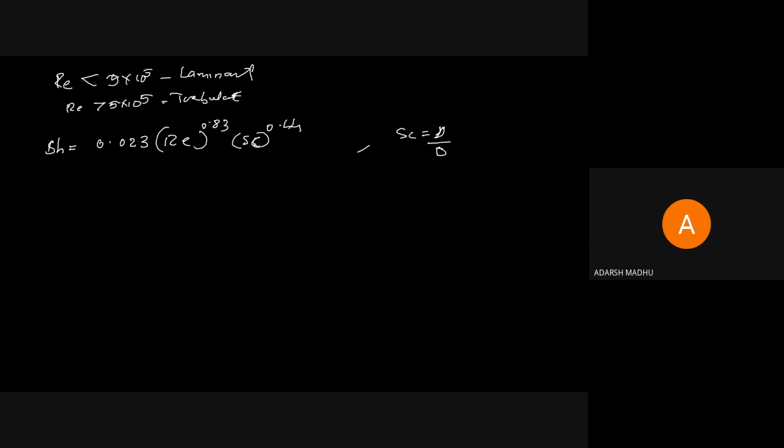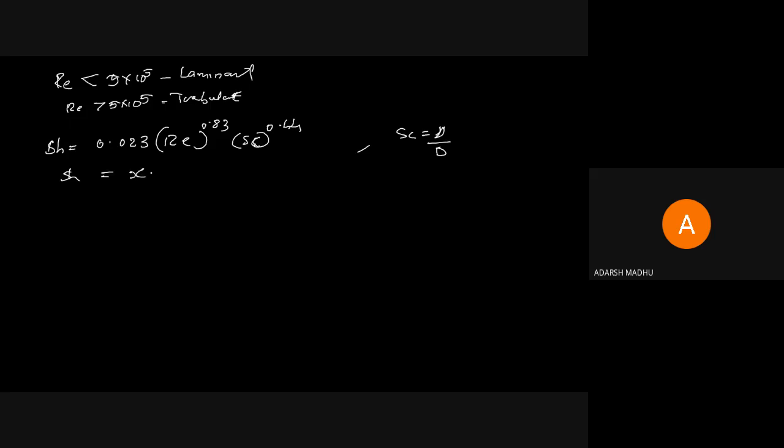Kinematic viscosity divided by diffusion coefficient, mu by d. Mu is known and d is also known. Find the value of Sc also, Re and Sc. I have not told you that, you do it yourselves. And find the value of Sh.